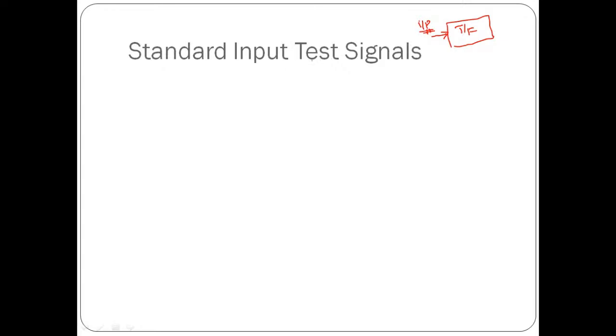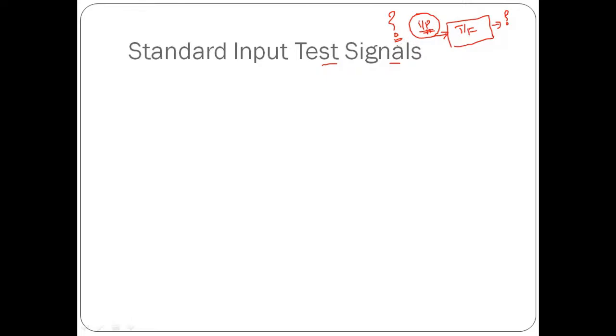Basically, we have some standard test input signals through which we are in a position to identify the behavior of the system, or the response generated by the system in time domain. So, in order to do the time response analysis of any system, first of all, we must know what are the different types of test input signals available with us, through which we have the flexibility to determine the time response analysis of the system.